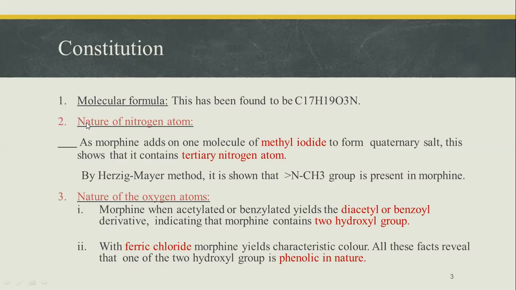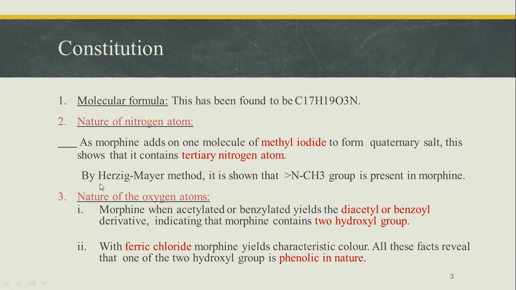In the general methods we have seen that we have to find out whether it is in the primary, secondary or tertiary state. Morphine adds 1 molecule of methyl iodide, that is, we take the alkaloid and add methyl iodide. It was observed that it adds 1 molecule of methyl iodide to form the quaternary salt, which confirms that it has a tertiary nitrogen atom.